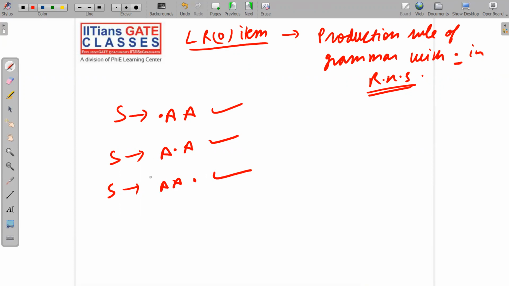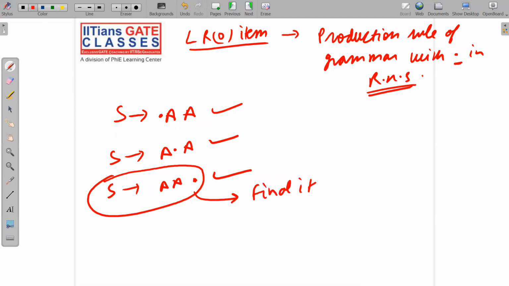Now see, these are all LR0 items, no doubt. But here the dot is in the extreme right, so this is a special type of LR0 item which is known as a final item. Dot means what exactly we have read. If the dot is at the beginning, that means the parser has read nothing.